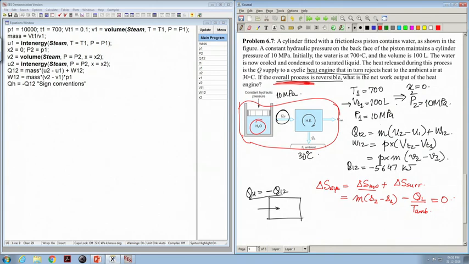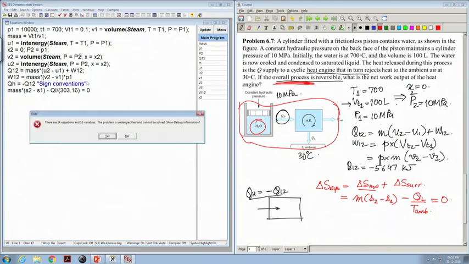Okay, so then we have mass times S2 minus S1 minus QL by T ambient, which is basically 303.16 Kelvin, is equal to 0. Okay, so let us see what QL we obtain.